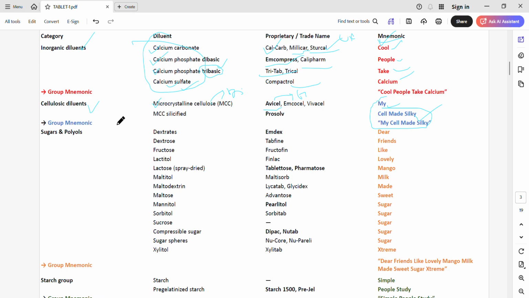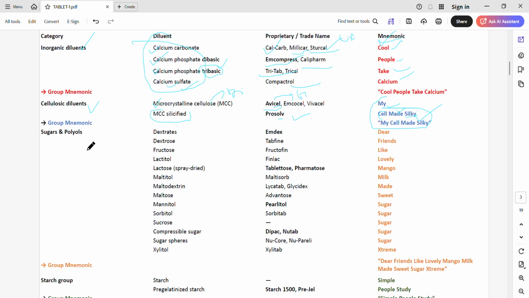The proprietary name of MCC, microcrystalline cellulose, is Avicel. Cell, here is Cell, so remember Avicel. Okay, in made we remember the MCC. Okay, MCC silicified is called Prosolv. In silky we use Solv.